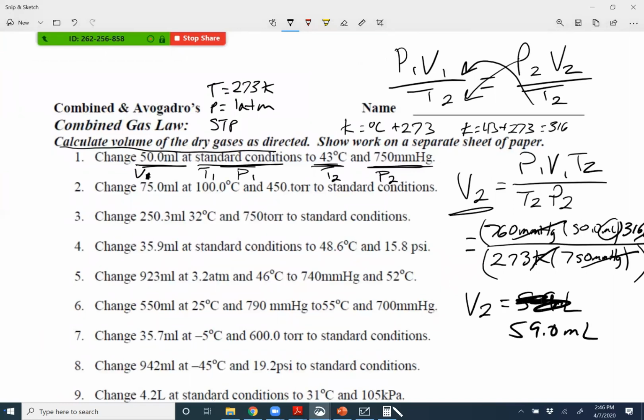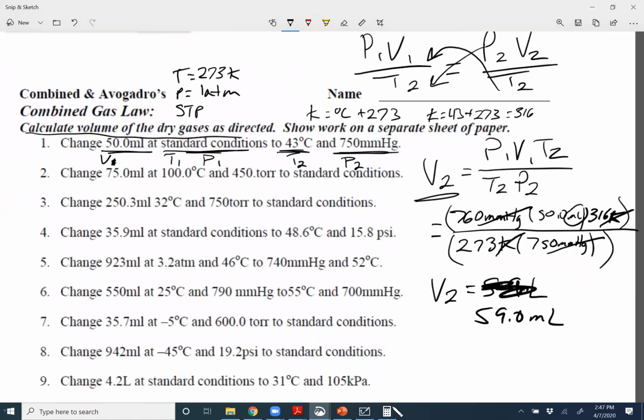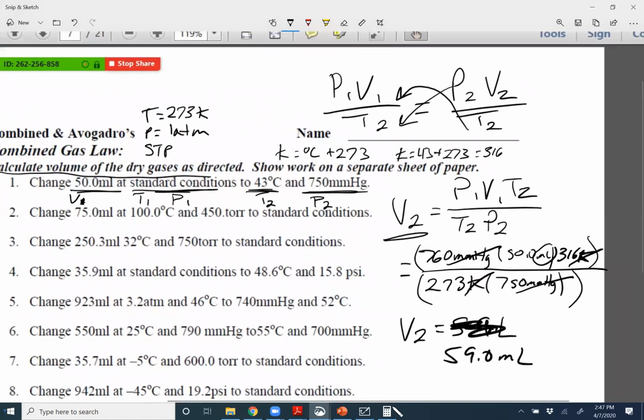Now, why did I know I did that wrong? Because think about the logic. Remember that the pressure, volume, and temperature all have indirect and direct relationships. As you can see, our pressure going from 1 to 2 didn't change very much at all. It went down a little bit, which should make our volume go up a little bit, but again, not very much.